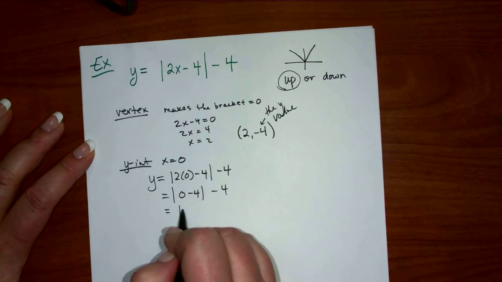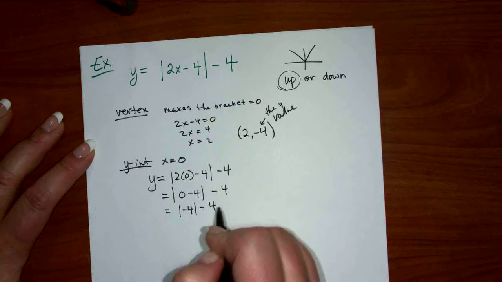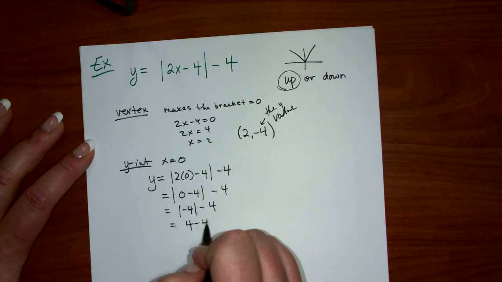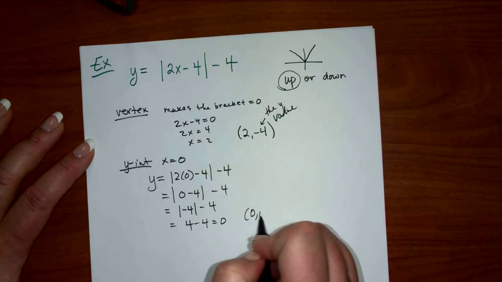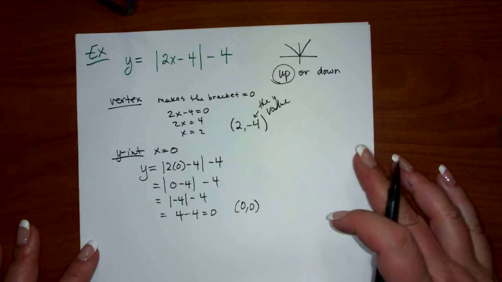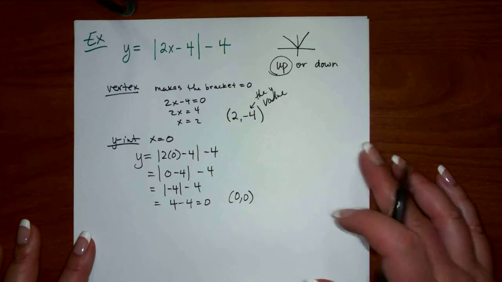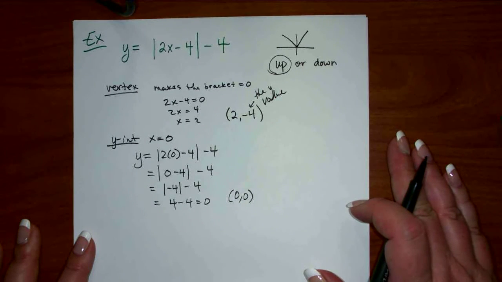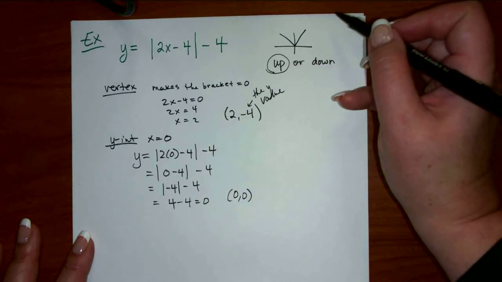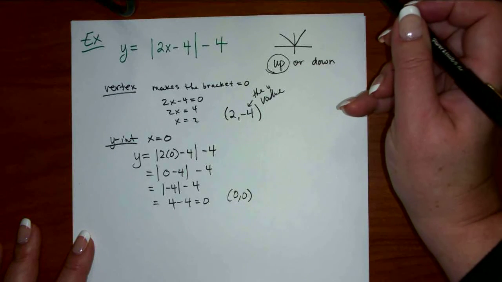Absolute value of negative 4 is 4, because it's always positive. Minus 4. Oh, 0. Okay, 0. That's also an x-intercept. But that doesn't mean we don't have to find the other one, because just like a parabola, it's going to have 2. It goes through usually in 2 spots.